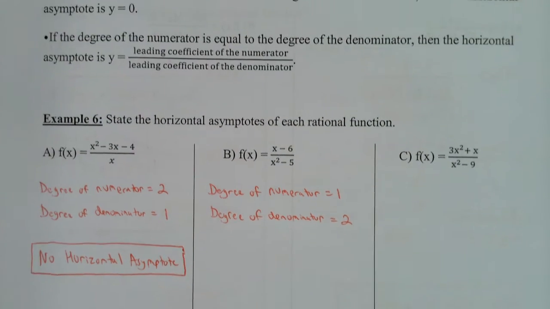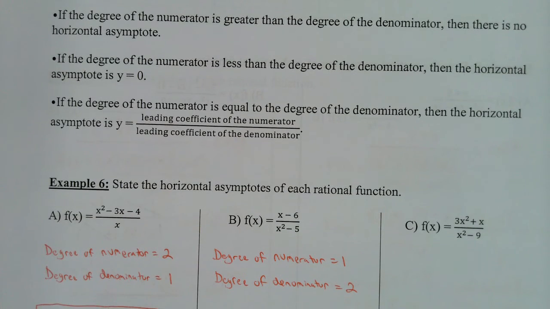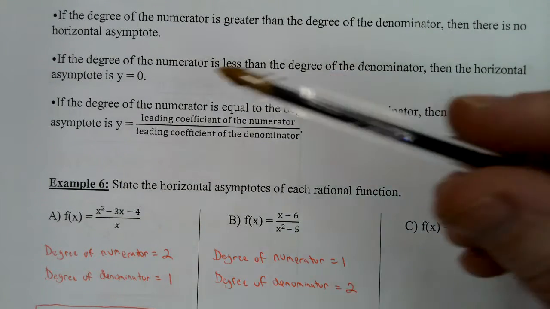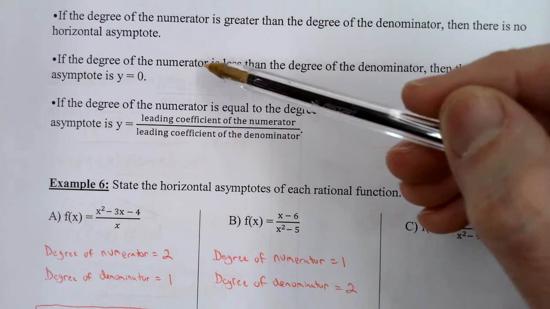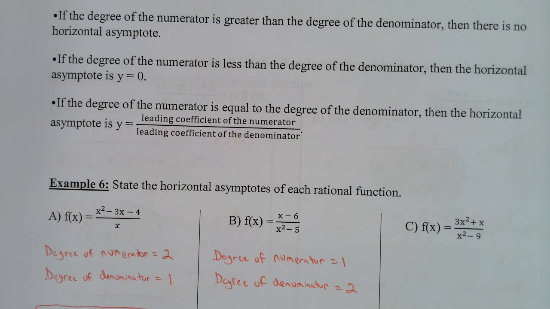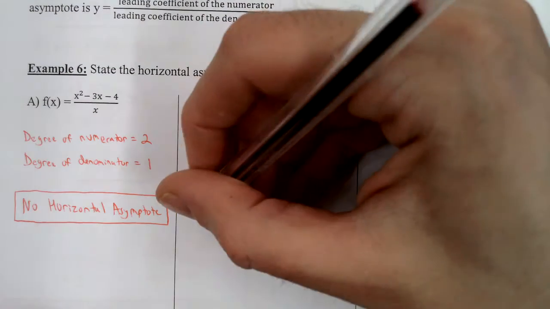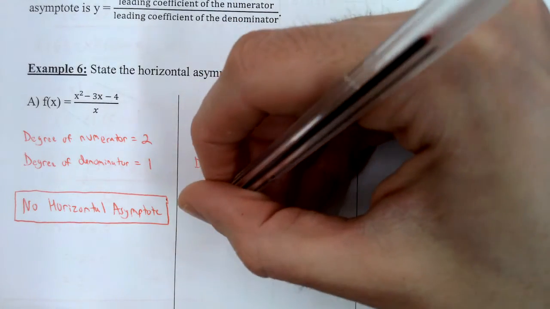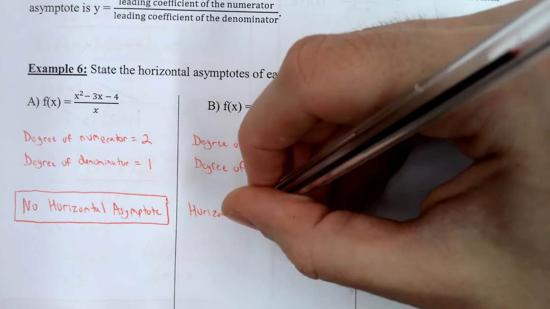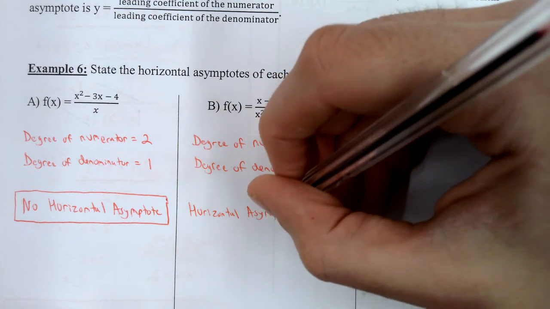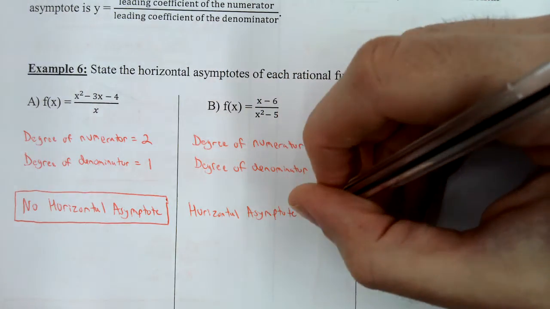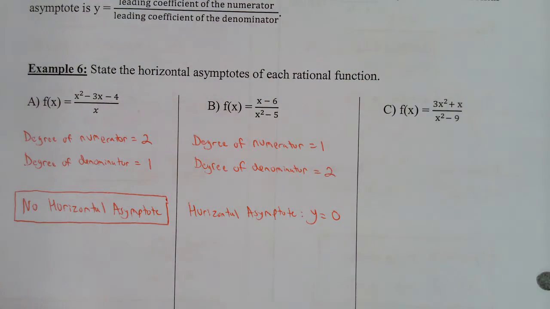So, which scenario is it above? It's the second one. If the degree of the numerator is less than the degree of the denominator, then the horizontal asymptote is y equals 0.